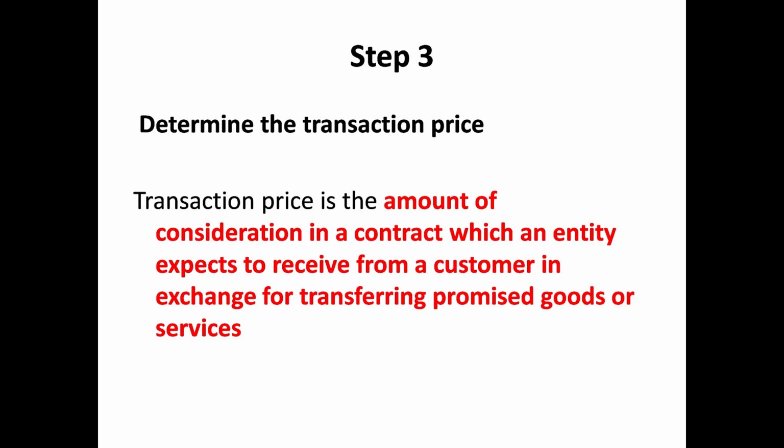When you take our example, supply of 10 hand sanitizer bottles at 100 rupees each. What's the transaction price? 10 bottles multiplied by 100 rupees. The transaction price is 1,000 rupees.